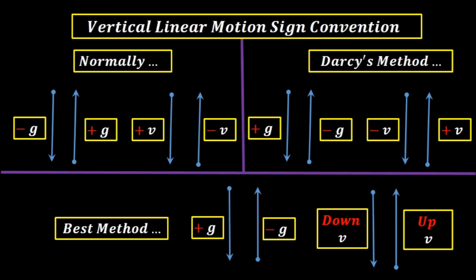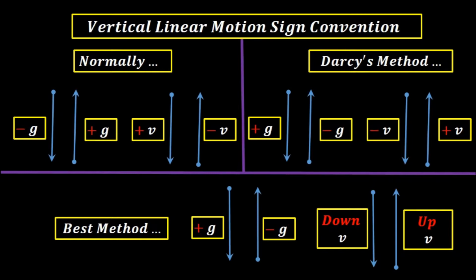But in the normal sign convention on the slide here, down is negative and up is positive for G, and as a result, up is negative and down is positive for V. Now, what I prefer is up is negative for G and down is positive for G.